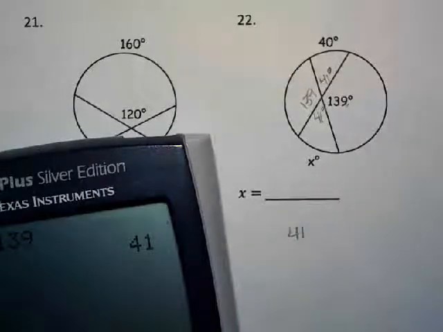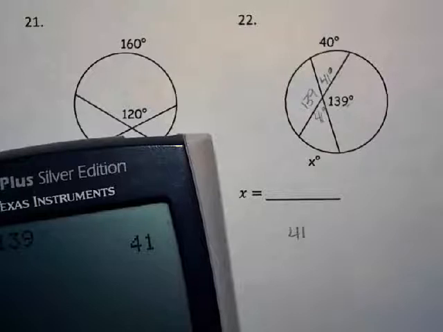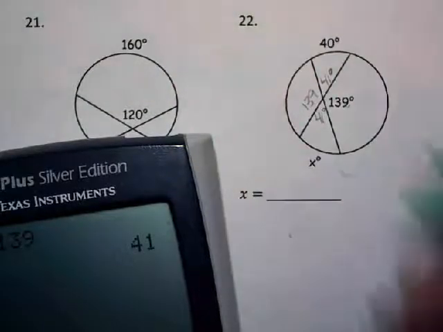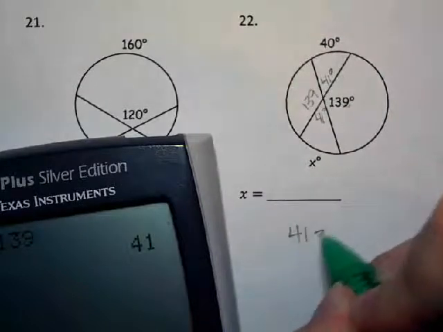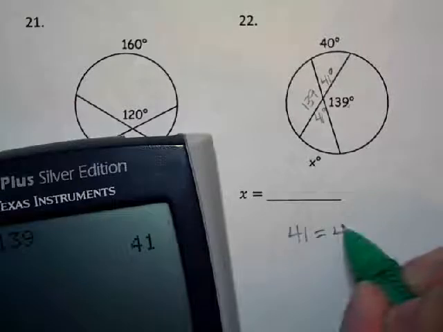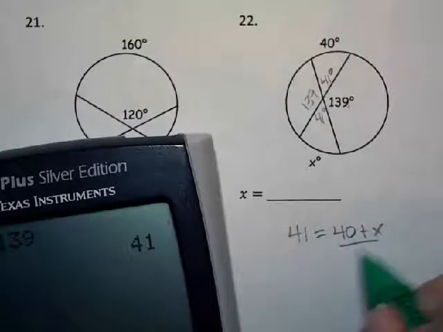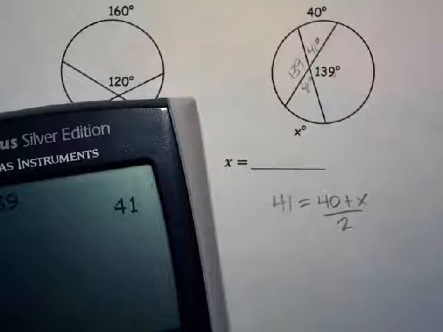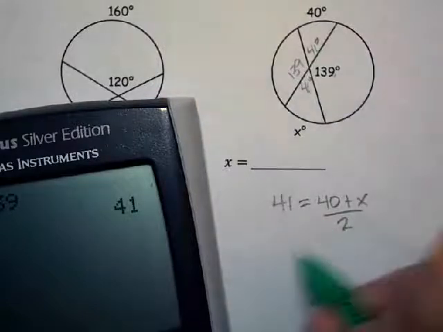Okay. And then what do we do? Multiply by 2. The things cancel out, multiply by 2. Then you get 82 equals 40 plus x. Solve for x. You get 42.